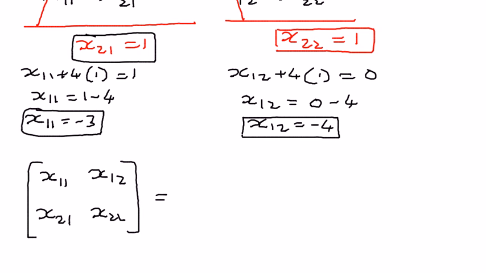So if we substitute the values of x11, x12, x21 and x22, that is going to give us the inverse of this matrix. Therefore for x11 we have negative 3, for x12 we have negative 4, for x21 we have 1, and for x22 we have 1. So we were able to successfully find the inverse of this 2 by 2 matrix. This is one procedure. There are several other ways to find an inverse of a matrix, so we're going to talk about that in my next presentation.